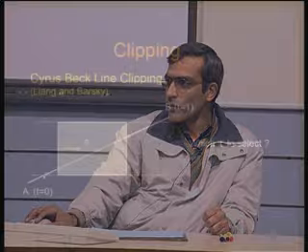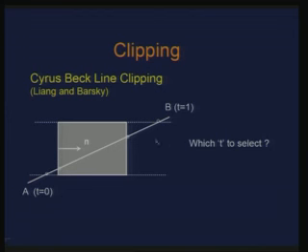So, if I have these 4 points of intersection, I am trying to answer which of these t values I need to label this portion as inside the window.